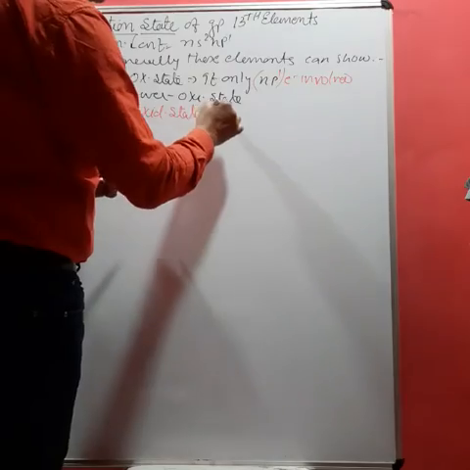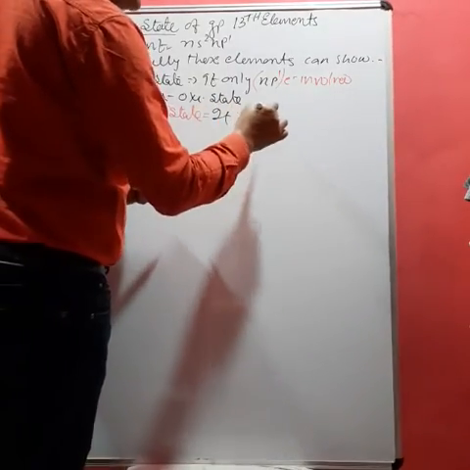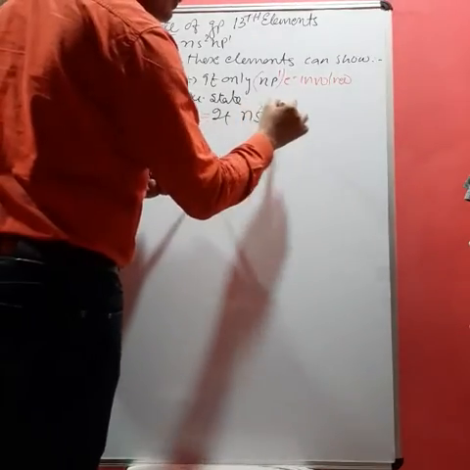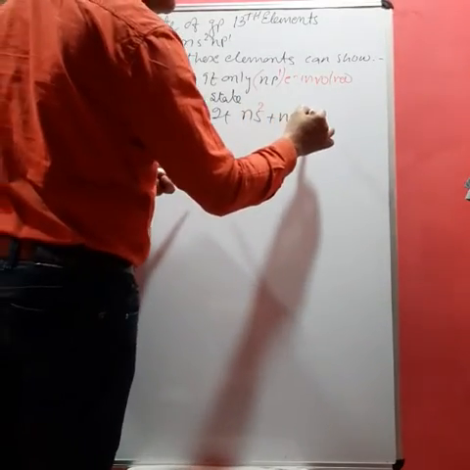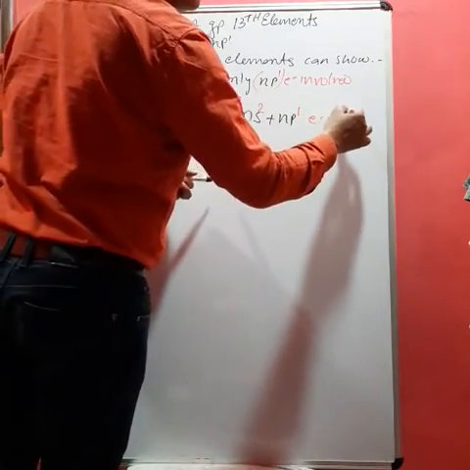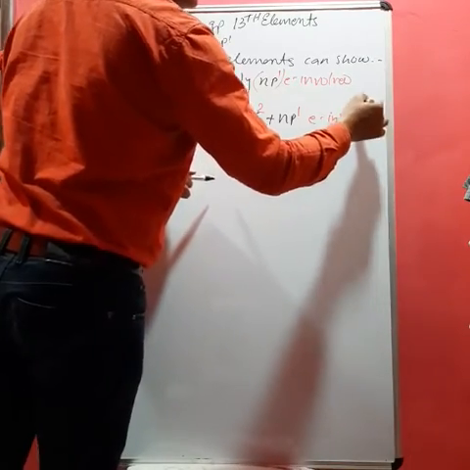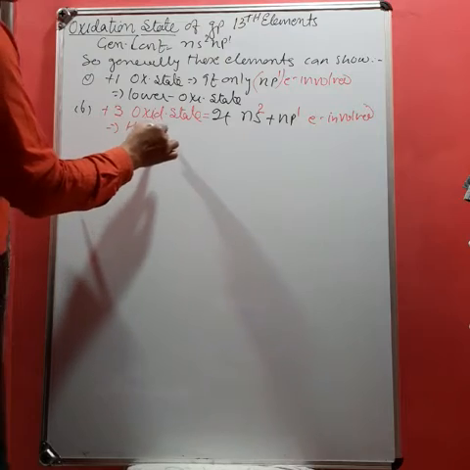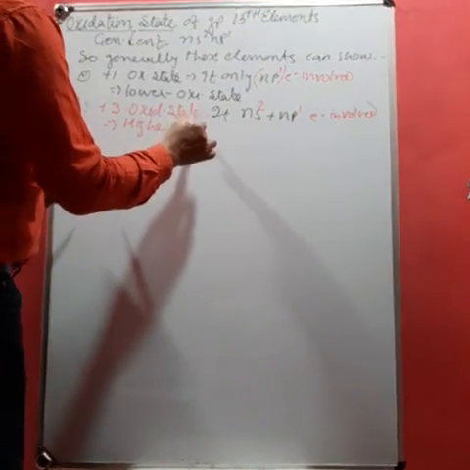It is the case if ns plus np, that is 2 plus 1 electrons, are involved in bonding. This is called the higher oxidation state.